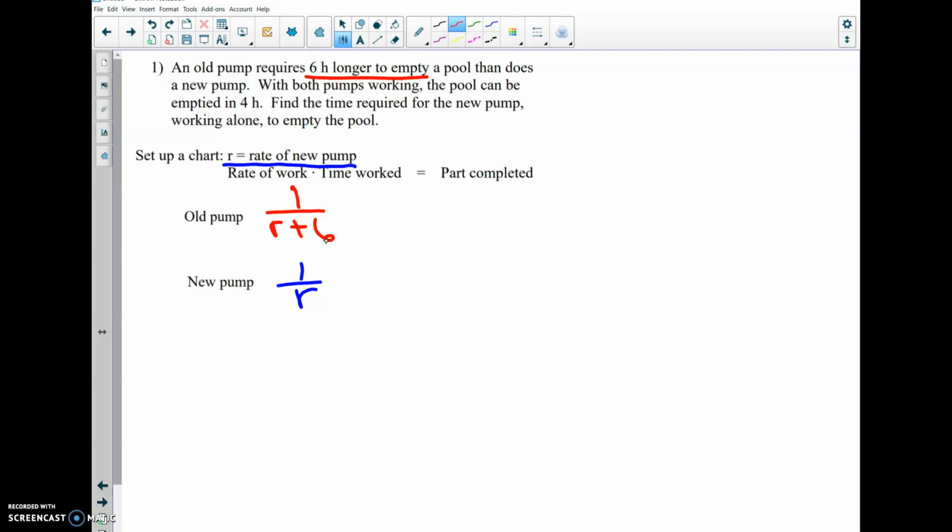Time worked, working together, 4 hours. So multiply each of these by 4. So the part completed for each is 4 over R plus 6 for the old pump, and for the new pump is 4 over R. Them working together, they're emptying one pool.